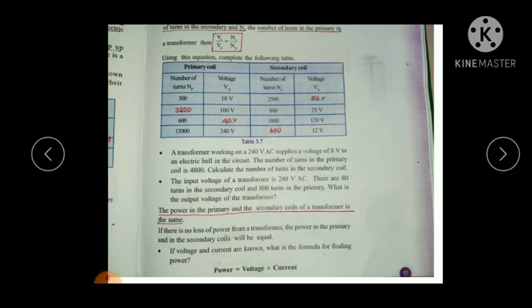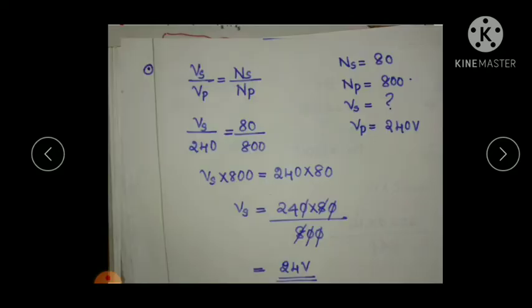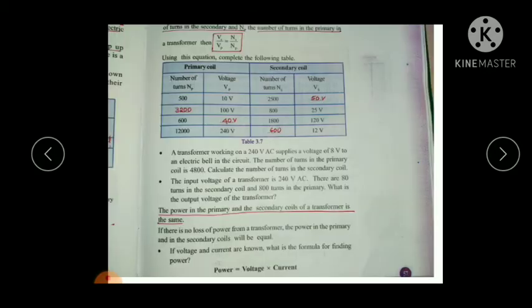We have to find Vs. So use the same equation, write the given data, cross multiply, and you will get 24 volt. So Vs, voltage in the secondary, is equal to 24 volt. Write all these three questions in your notebook and write the answer.